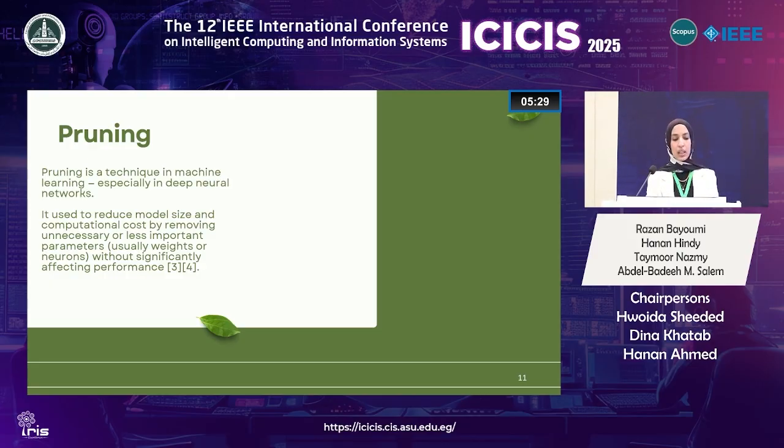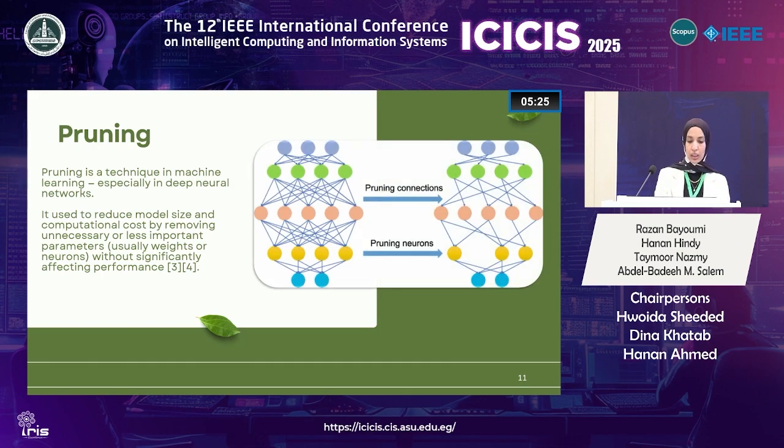The first technique is pruning. Pruning is a technique in machine learning, especially in deep neural networks. The target of pruning is to compress the model by removing unnecessary connections and neurons, because some neurons and weights do not contribute equally to our output.